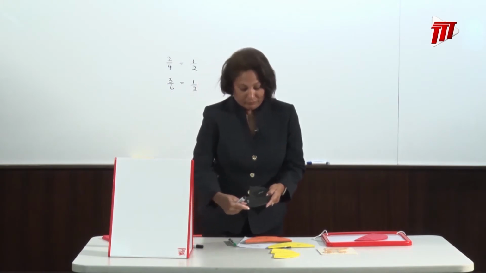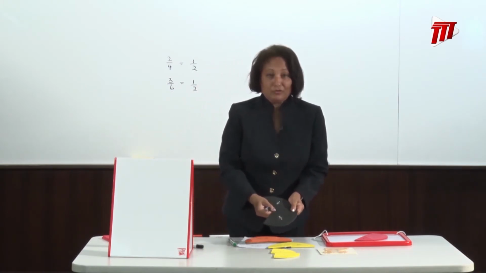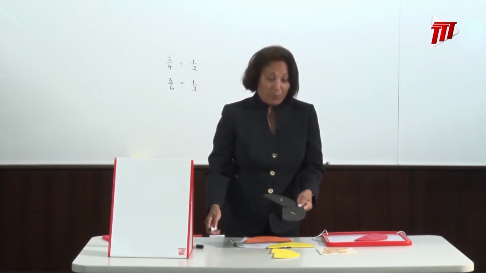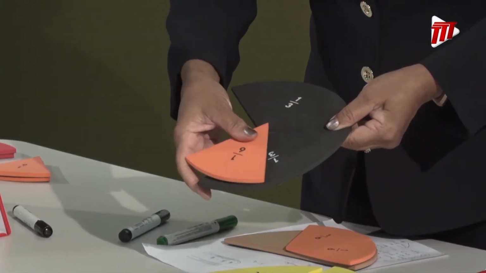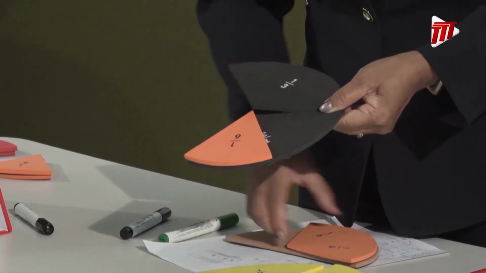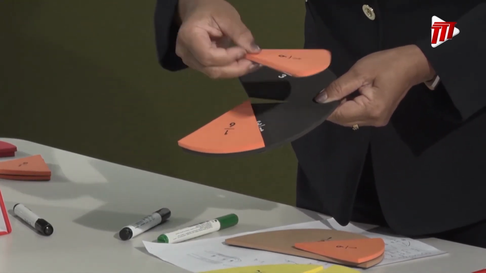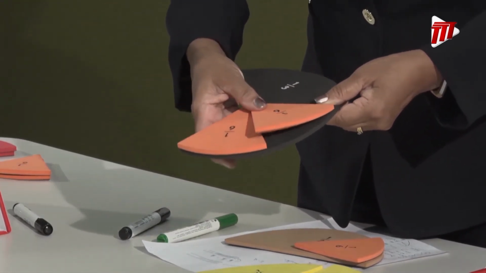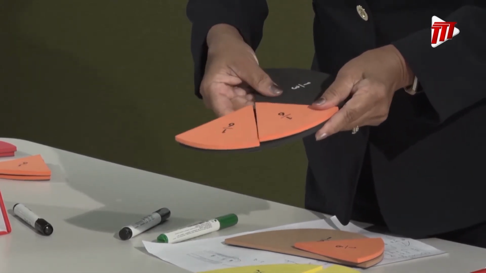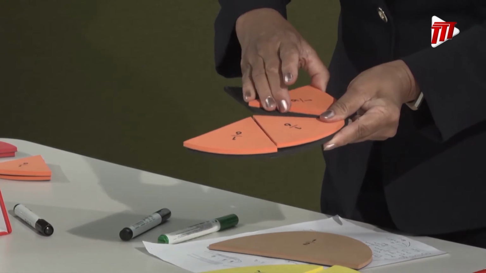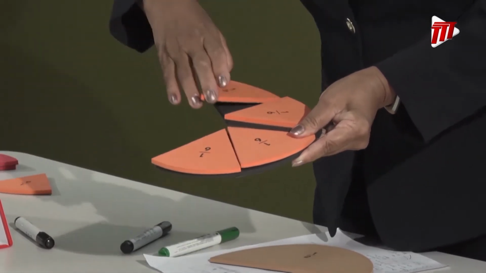If I use half already, let's use something else. Suppose I take 2/3. This is 2/3, and I want to find out how many 6 would make up my 2/3. I put 1, 2, 1, 2.